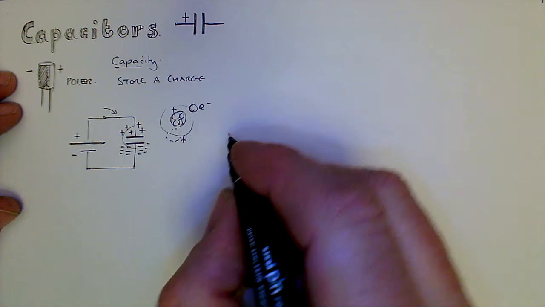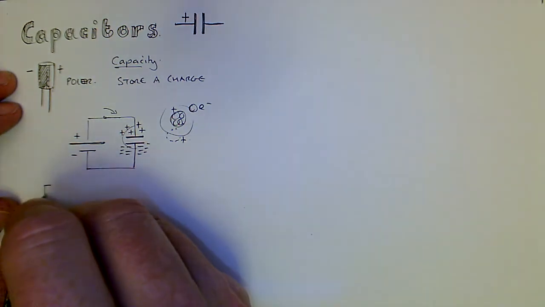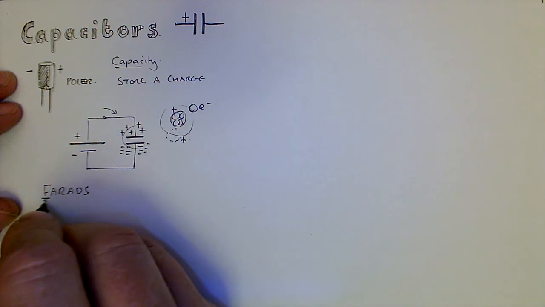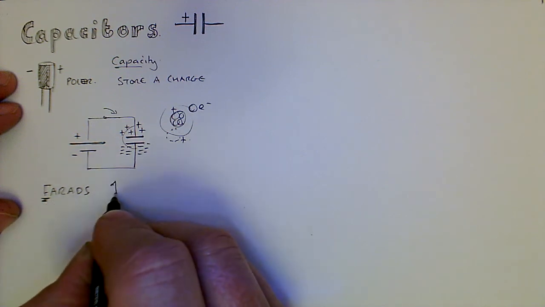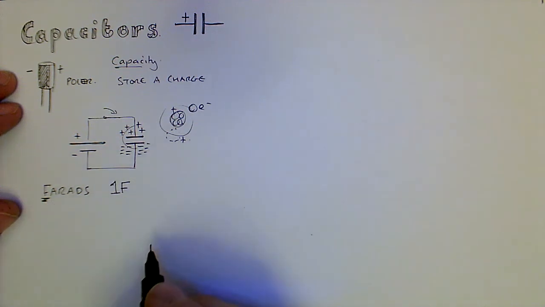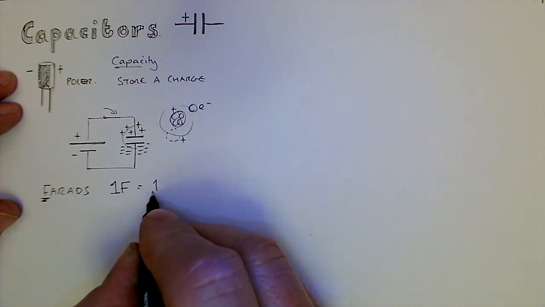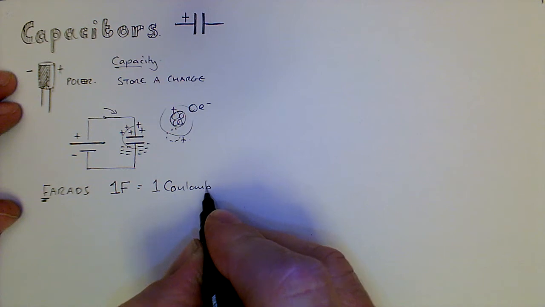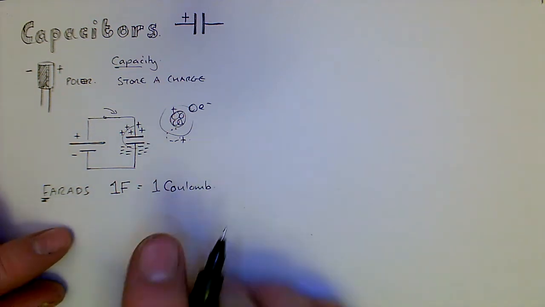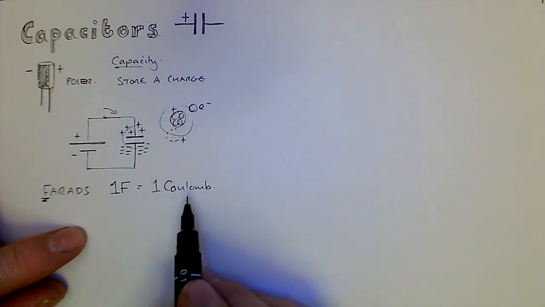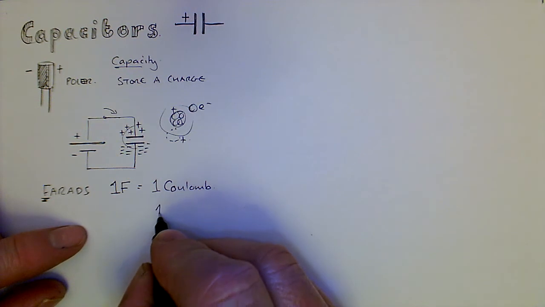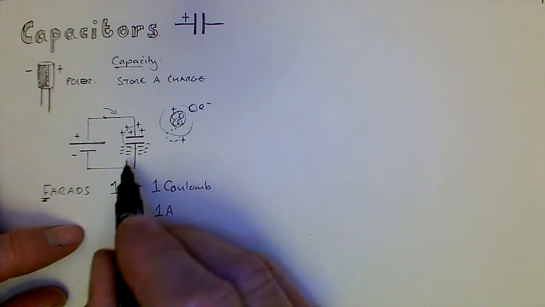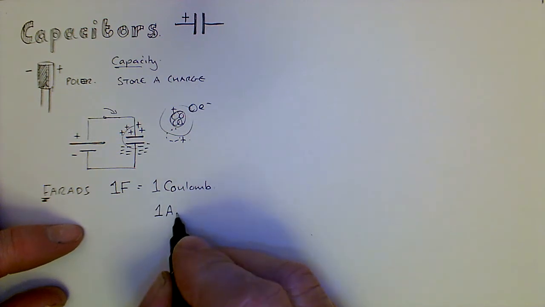Now, capacitors are measured in something called farads, named after a scientist, so we use a capital F, and 1 farad is equal to, just bear with me for a second, this gets a little bit confusing, because 1 coulomb is basically, now we know what an amp is, an amp is a collection of electrons flowing around a circuit over a period of time.